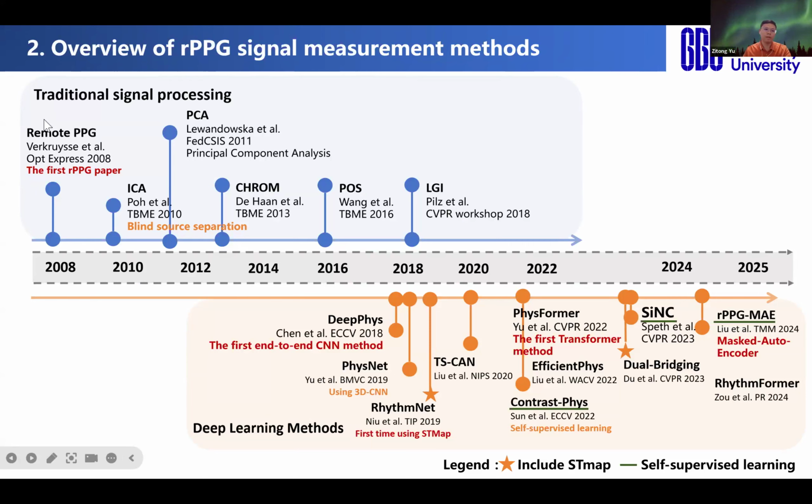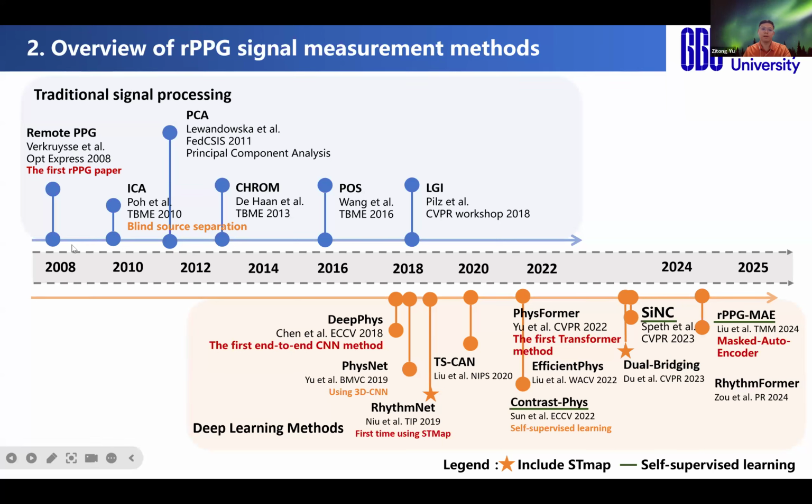For example, the first rPPG paper was published in 2008, and in this paper they found that rPPG signals can be measured from some animals and humans. After that, they wanted to use this technique on the human face and other regions. But mostly in today's talk, we will use the face region for rPPG measurement.